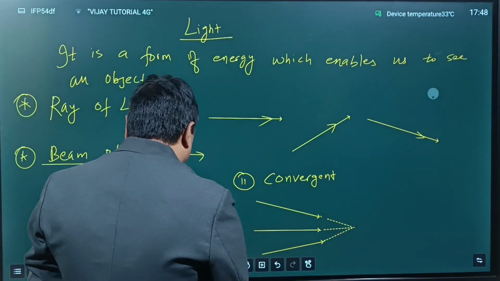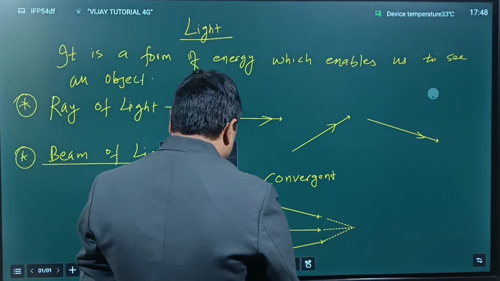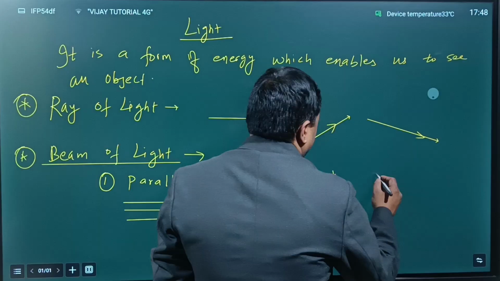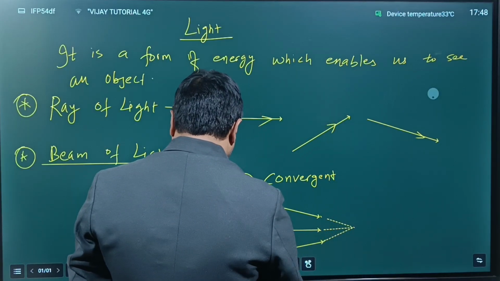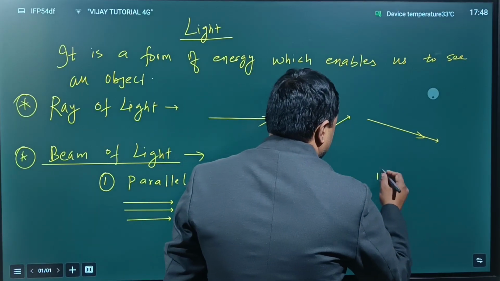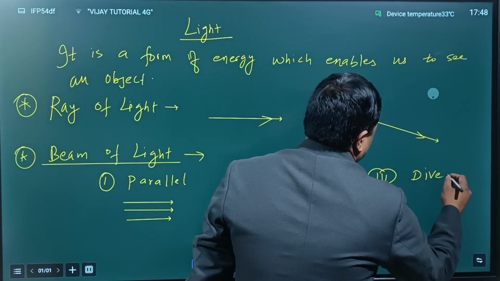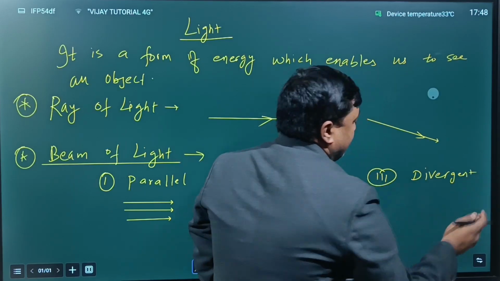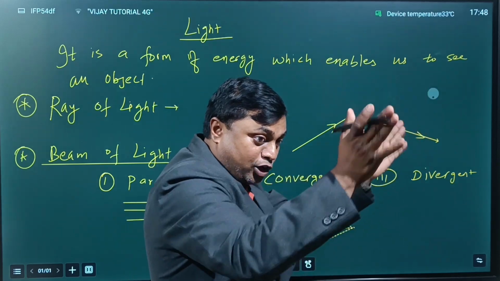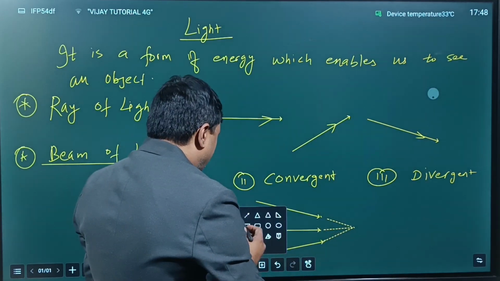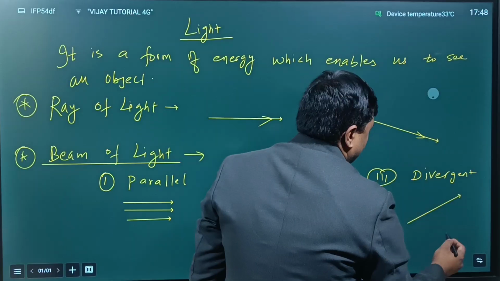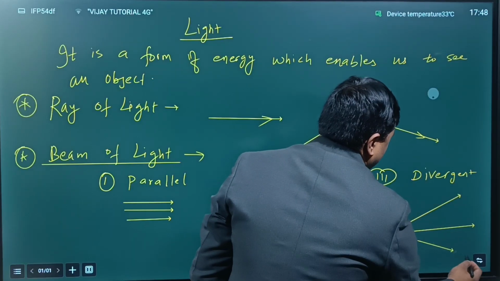And the third one is a divergent beam of light. Divergent means the light rays appear to meet at a point. We can show the divergent beam of light like this. One light ray is going here, one here, one here.